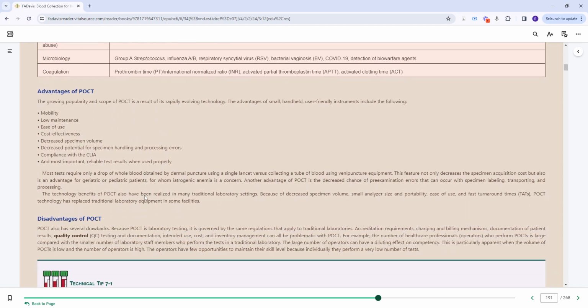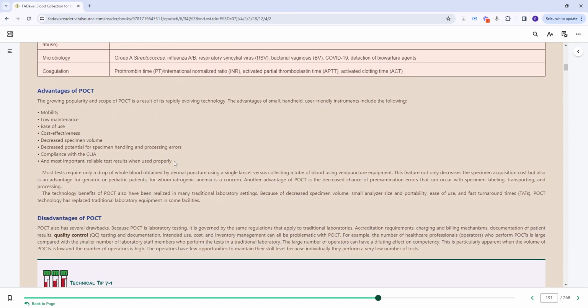The advantages and disadvantages of point of care testing, in a nutshell. The advantages are that you're able to meet the patient where they're at, and it's easy to use. You don't have to be laboratory trained, though you should be an allied health professional. You don't have to be specially trained.